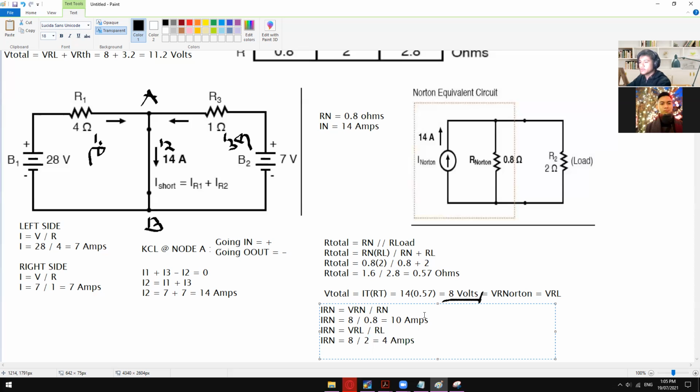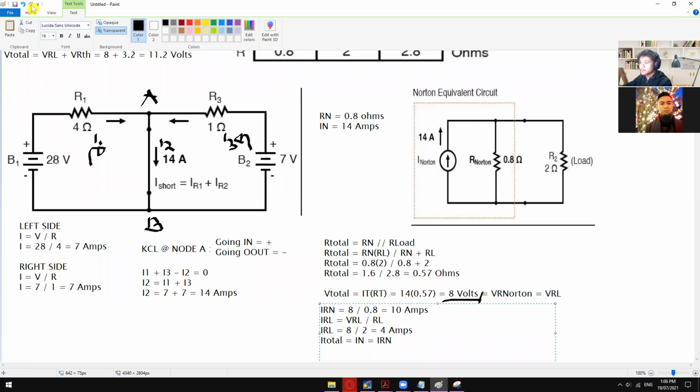Okay. So to check kung tama ba yung current natin. So of course, some current will flow in here and then some current will flow on the R load. So I total, which is equal to our I Norton. So that's IRN. Oops. My bad. IRL too. And then IRL din to. May nabura yata ako ah.